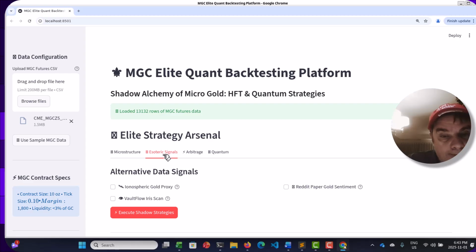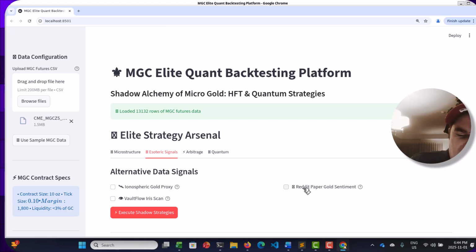We have here esoteric signaling, Ionospheric Ghoul Proxy, as an example, that's watching the mines and the smoke coming out of the mines. Believe it or not, this is the one that enables when one firm infiltrated the vault flow and infiltrated the iris scans, and when people are going in and out of gold vaults.